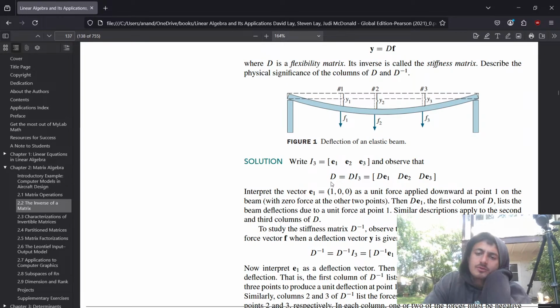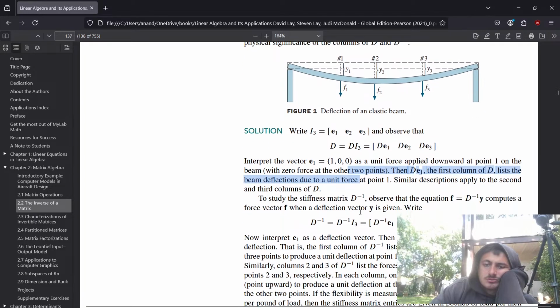Interpret the vector e1 as a unit force applied downward at point 1 on the beam, with 0 force at the other 2 points. Then De1 is the first column of D. It's the beam deflections due to the unit force at point 1.